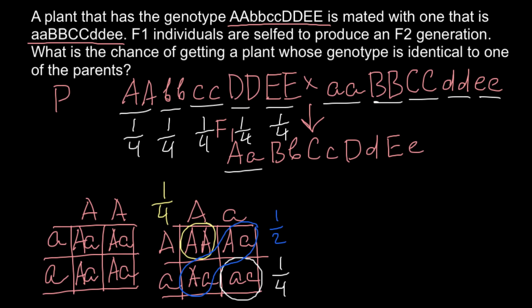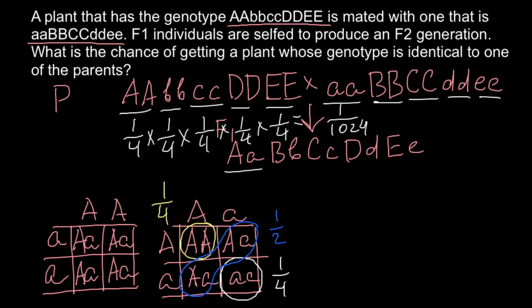And now we just have to multiply all these independent events, and we are going to get a result of 1 over 1024. And this is the chance that when we self-pollinate the F1 generation, the progeny in the F2 generation would be of this genotype.